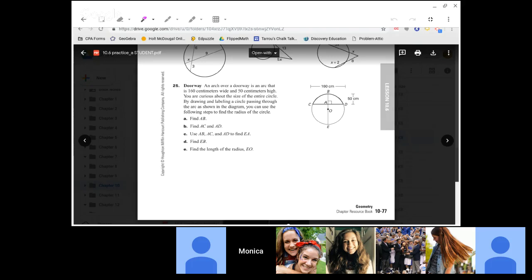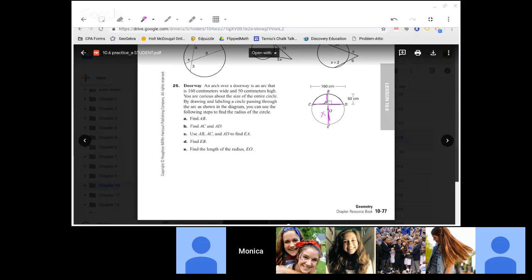So you're going to do part of the chord times part of the chord equal to this part of the chord times this part of the chord. We'll call this part that we're solving for X. Does that make sense? Yeah, Thatcher, that's right.